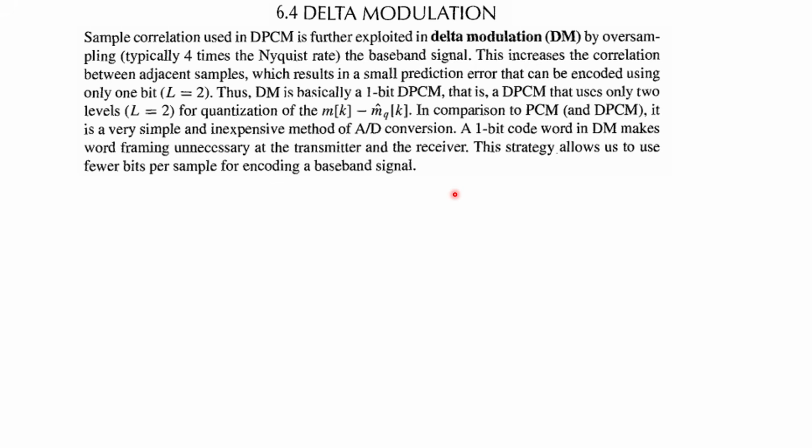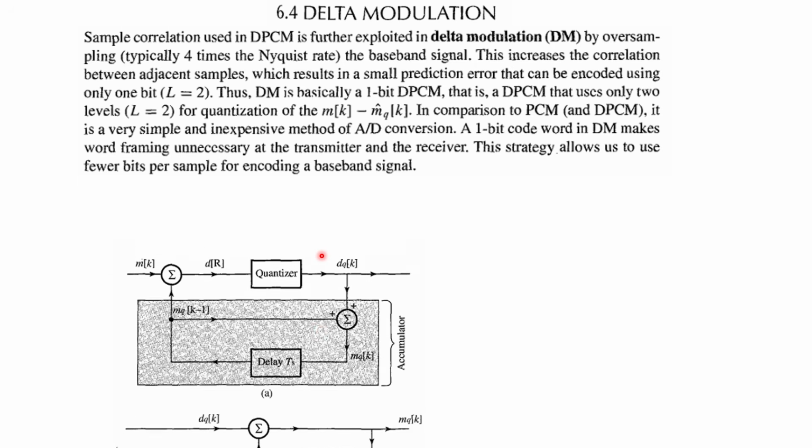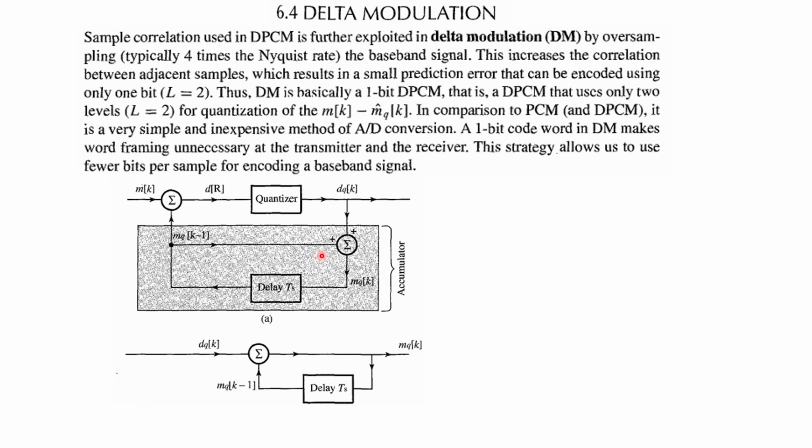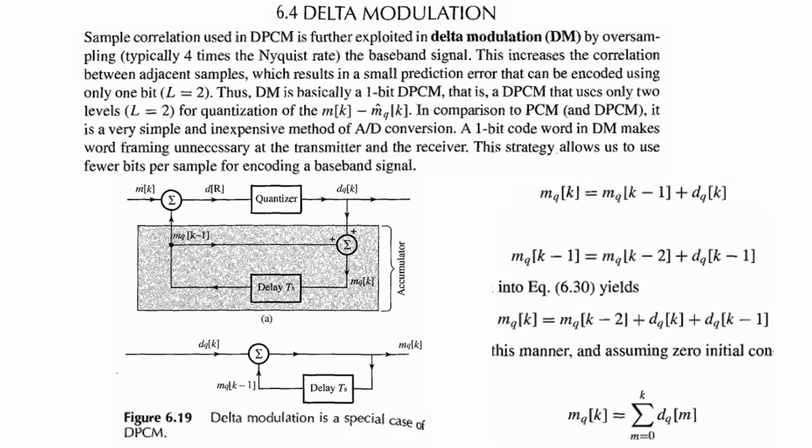In comparison to PCM and DPCM, delta modulation is a very simple and inexpensive method of analog to digital conversion. The one-bit code word makes word framing unnecessary at the transmitter and receiver. This strategy allows us to send few bits per second, right?